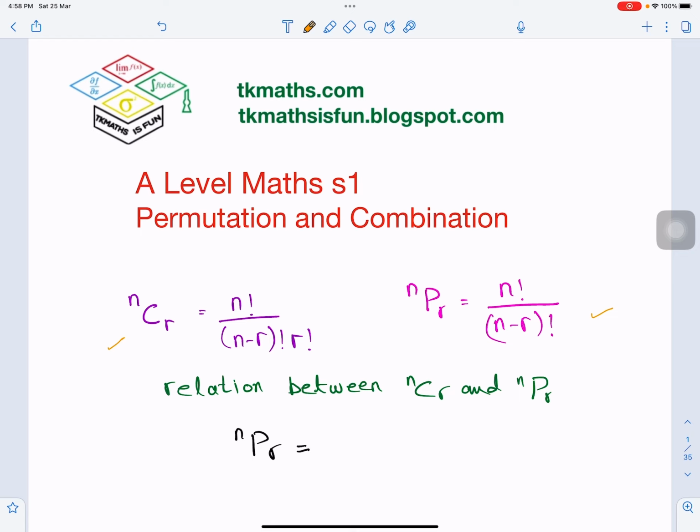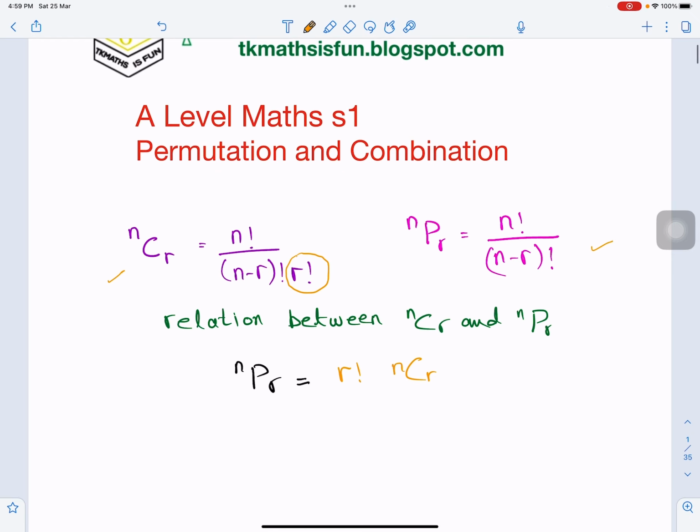Something very interesting you can notice here. If I say nPr is equal to what in nCr? If you see the relation, everything is the same except this is in nCr. So if I divide nCr by r factorial, then it will be equal. Yes or no?